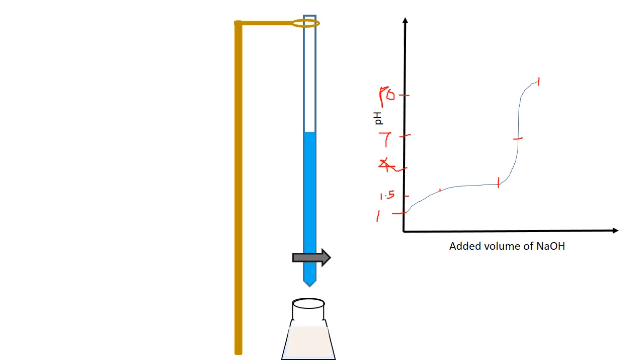That means this time we have 1 drop after the equivalence point also. If you can remember the calculation, 1 drop after the equivalence point, pH should be 10.